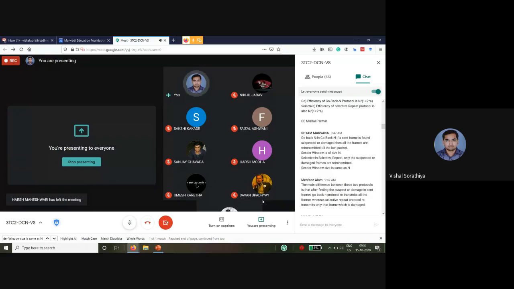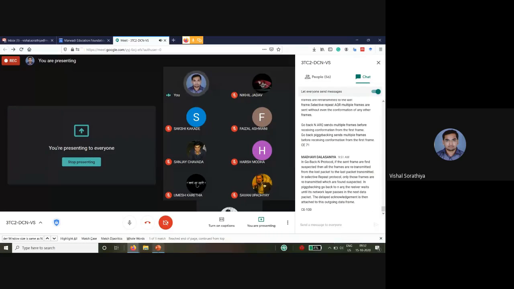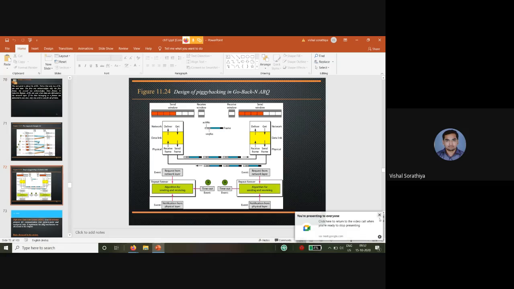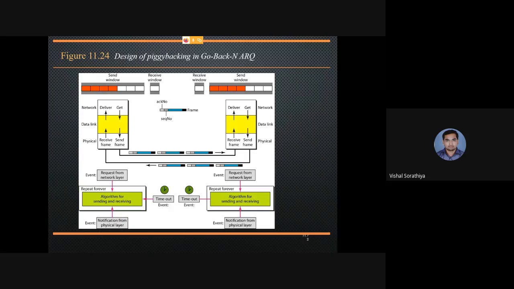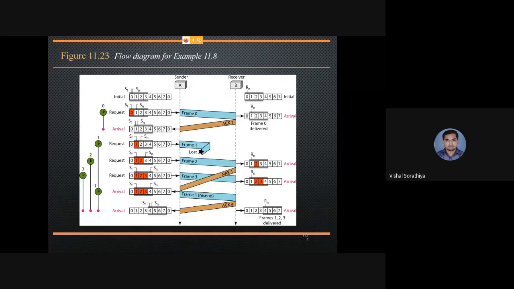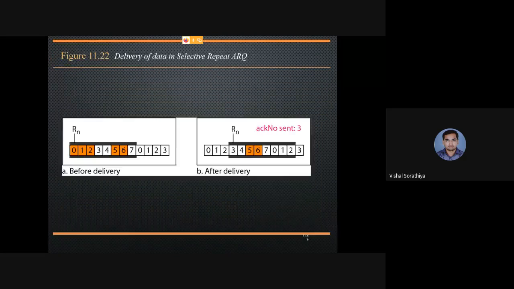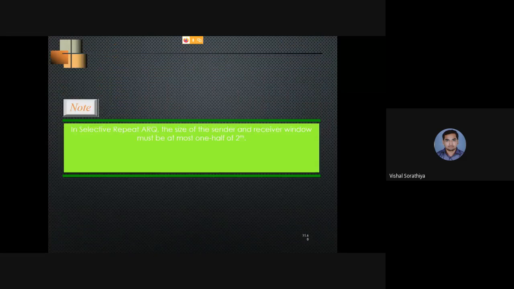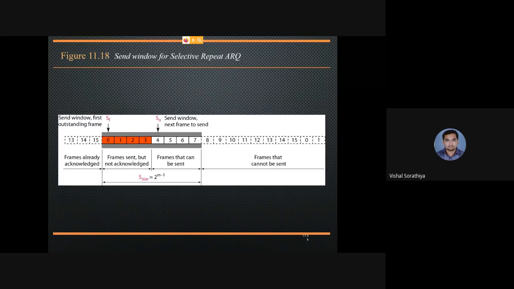So now we will go with what is actually the difference between them. If we look at the difference between Go Back N ARQ and Selective Repeat ARQ, look at the diagram of what happens in Go Back N ARQ.